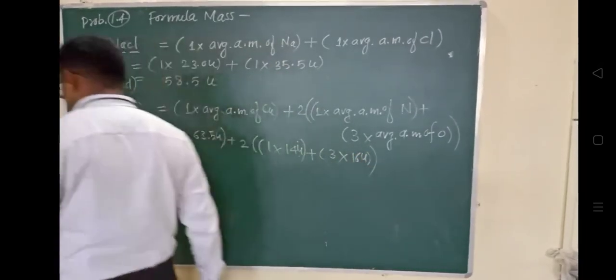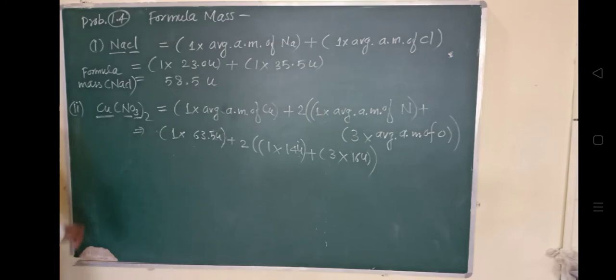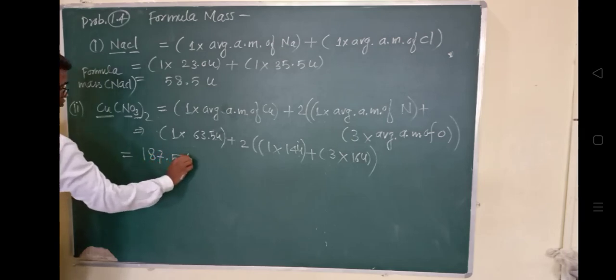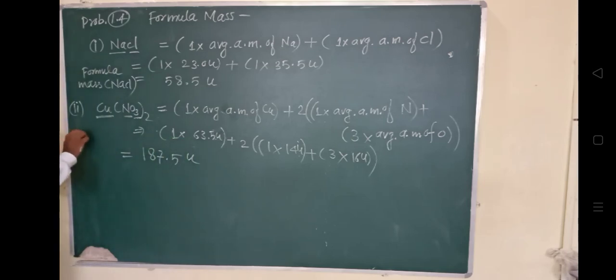Now we get the answer: 187.5 unified mass. So this is the formula mass for the ionic compound Cu(NO3)2.